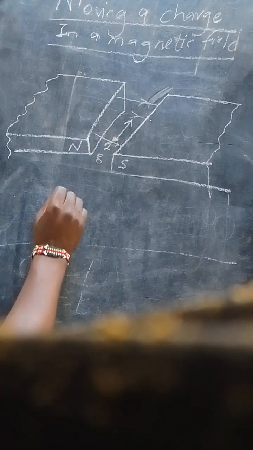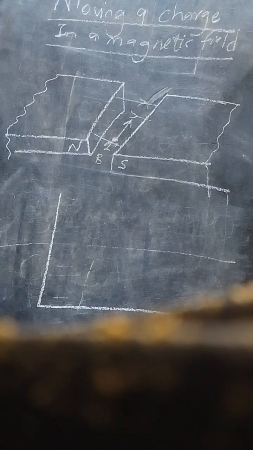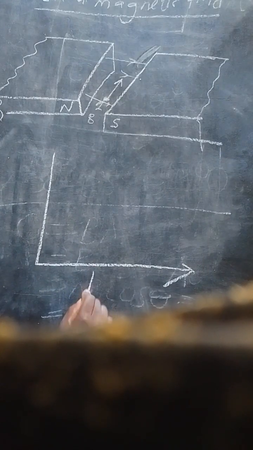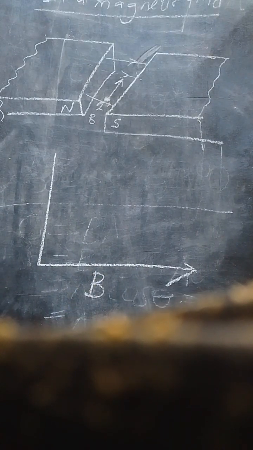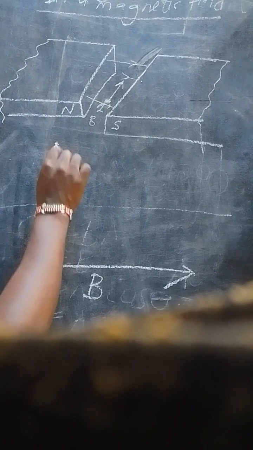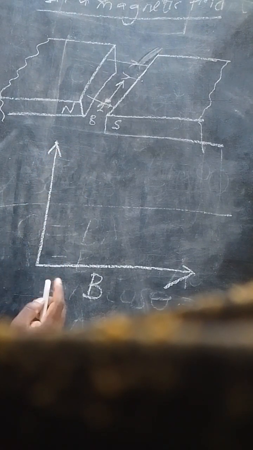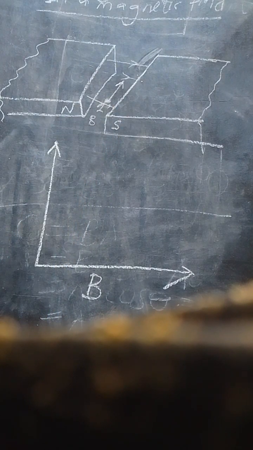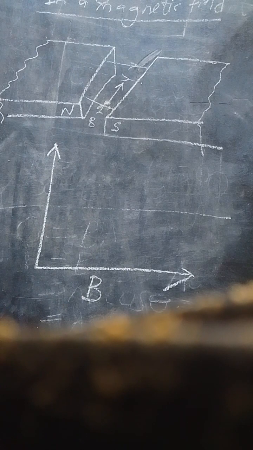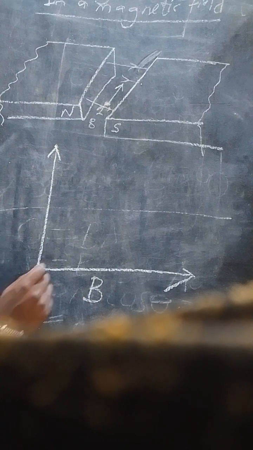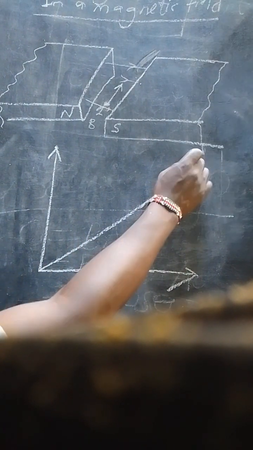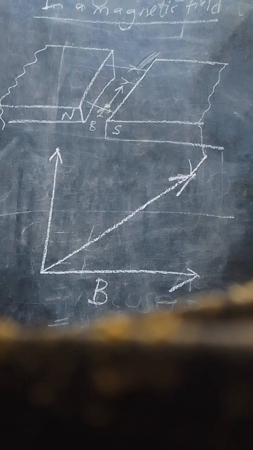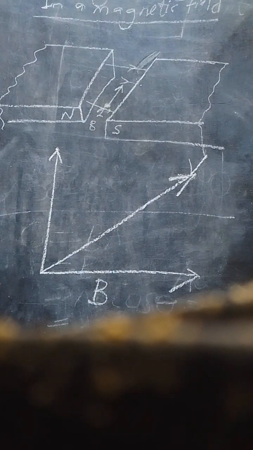If I graphically represent that movement, this will be the magnetic fields, and this will be the vertical component. We said that our charge is moving vertically up, across the direction of the magnetic field. Now this will be the direction of the charge when it is placed in the magnetic field.